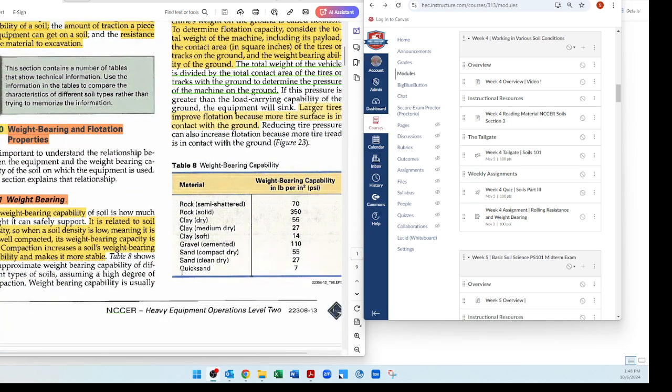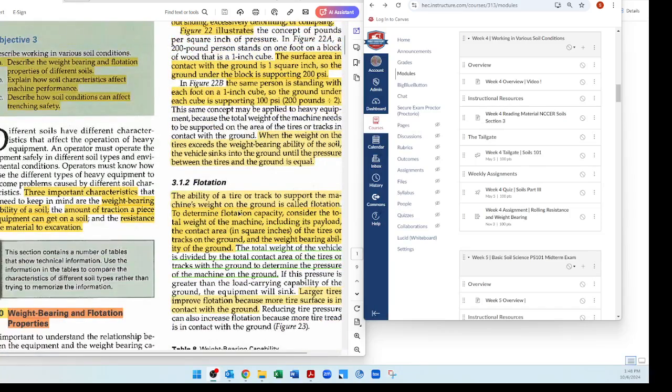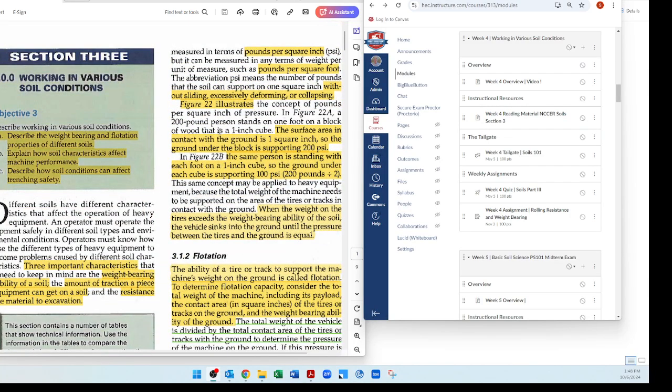Weight bearing capability is usually measured in terms of pounds per square inch, or PSI, but it can be measured in any terms of weight per unit measure, such as pounds per square foot.